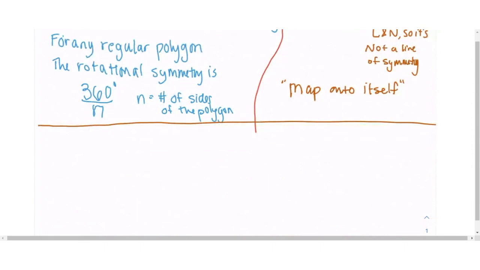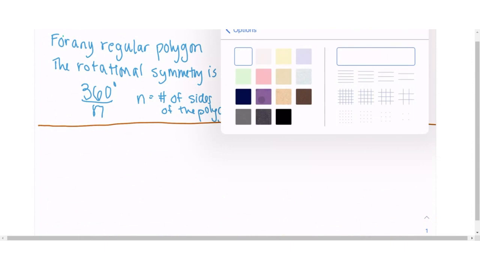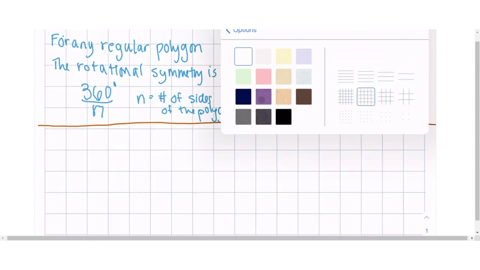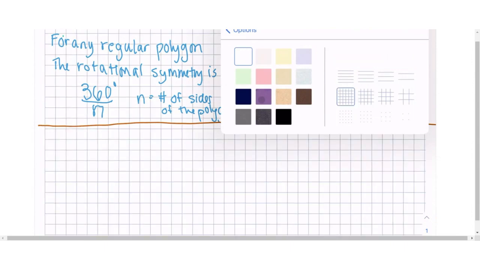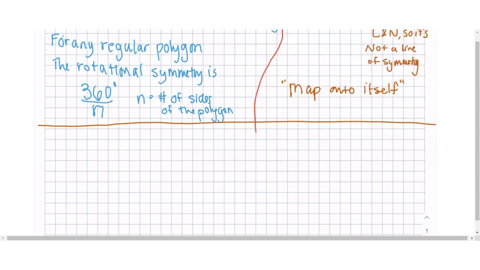I'm going to put lined paper here. Makes my life a little bit nicer. Okay, so let's just say we had this shape. I'm going to draw it, and you guys are going to tell me what that shape is. What is the name of this shape that I'm drawing right now?